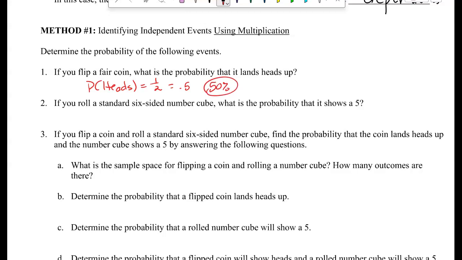Next one: what's the probability of rolling a 5 on a 6-sided number cube, a normal dice? We know that's going to be 1/6, which is about 16.67%.